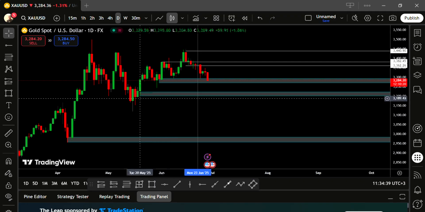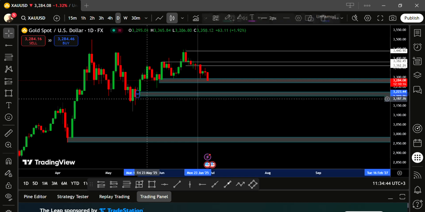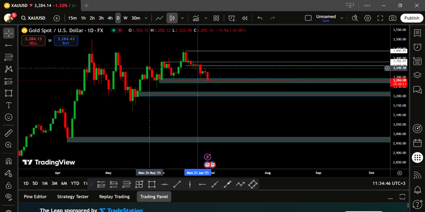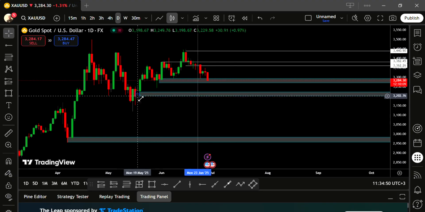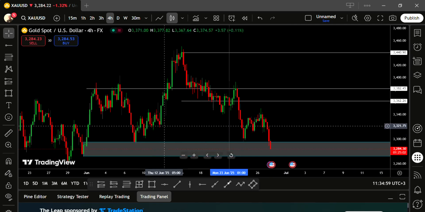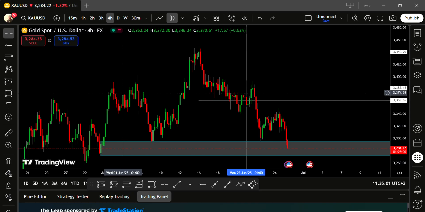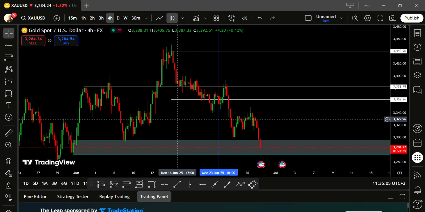There's one here and there was one down here, because it broke this supply zone here. So for me it is valid. And then we came to the 4-hour to refine. When we came to the 4-hour, we saw this beautiful setup.